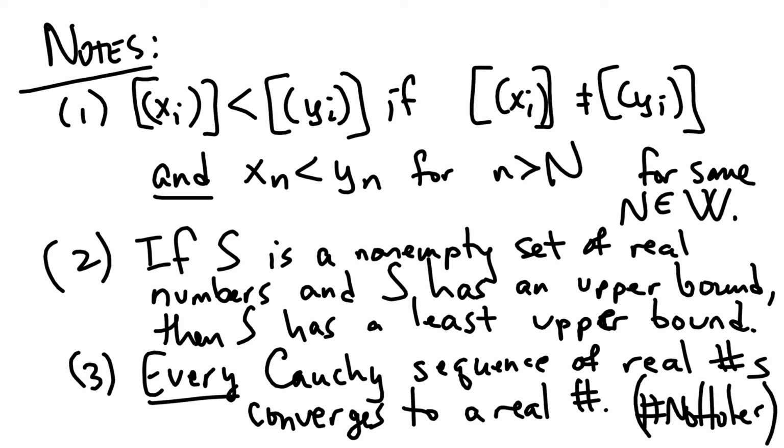Hashtag no holes. There are no holes in the real number system. The real number system is beautiful for that reason. And those are the notes I wanted to give you about real numbers, and we can certainly talk about that when we gather. Next up, arithmetic.